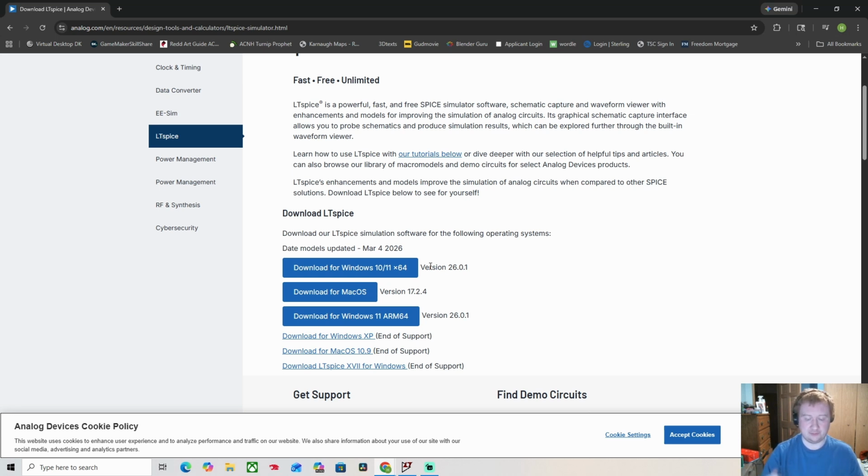Let's say you want to know how a particular integrated circuit works. There are all sorts of free models that get imported from time to time. Basically, people do the work for you for more complex parts. So anyway, this is where you download the software.